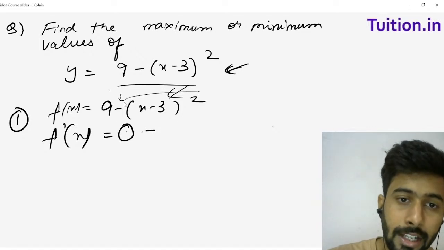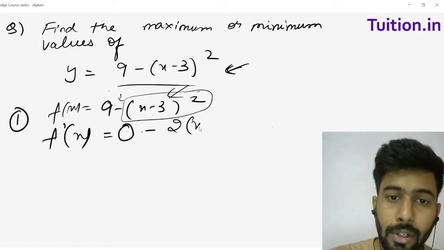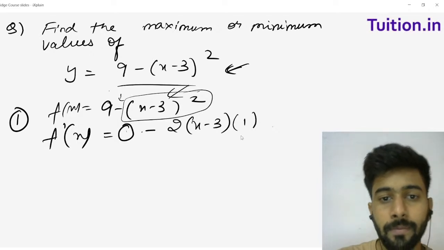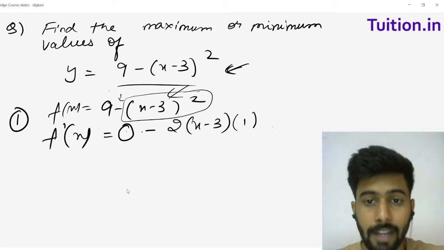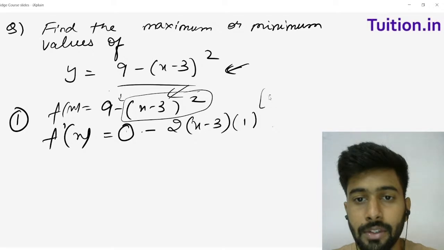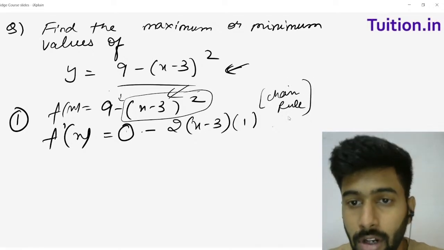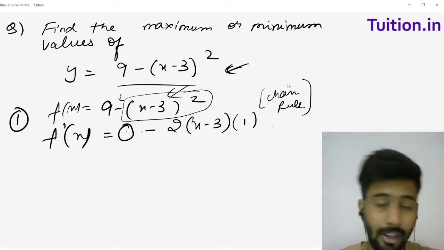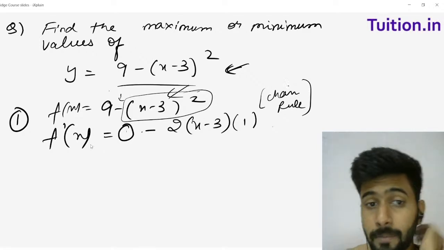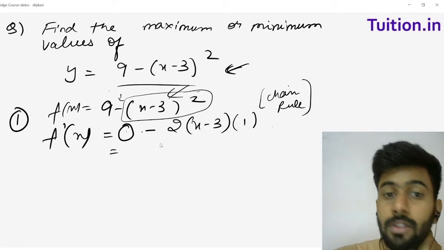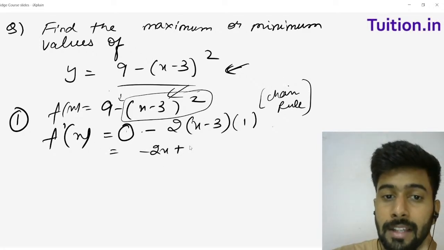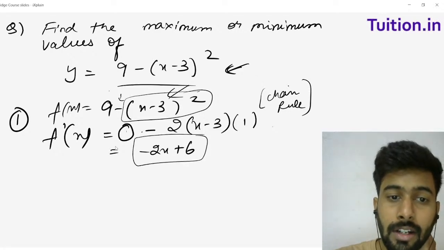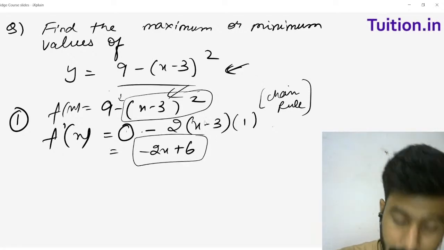And if you differentiate (x minus 3) whole square, you will get 2 into (x minus 3) into 1. Please guys, I have used the chain rule here to differentiate this function. If you are not clear with what the chain rule is, please visit one of the previous lectures, or if you have any doubts, please put it in the chat box. Okay, so f dash x is equal to minus 2x plus 6. This is the first derivative function.